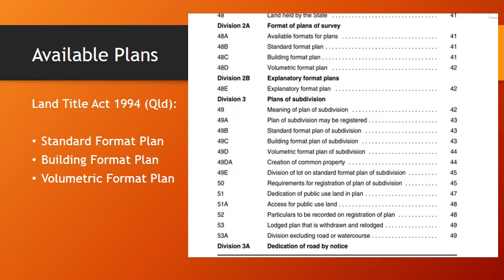You don't need to know them all off by heart, but just be aware that the available formats for plans, that is the different types of plans or diagrammatic representations that you can lodge in order to create that subdivision, are regulated under the Land Title Act. So there are three options for a developer. There's a standard format plan, there's a building format plan, and there's a volumetric format plan. So you can see them here.